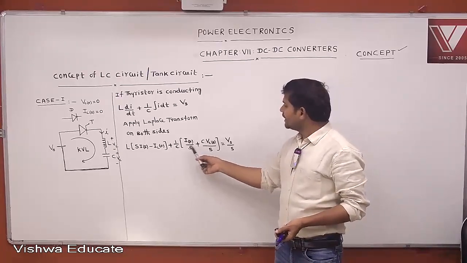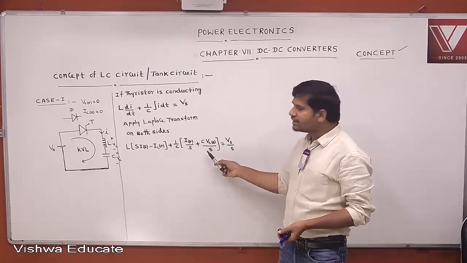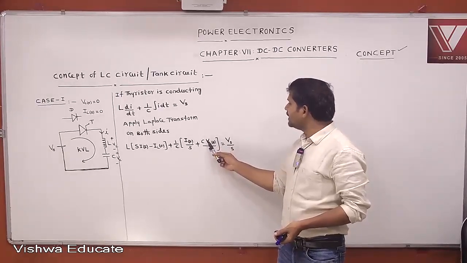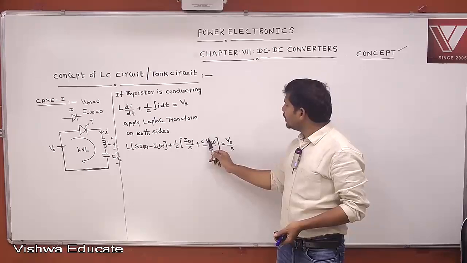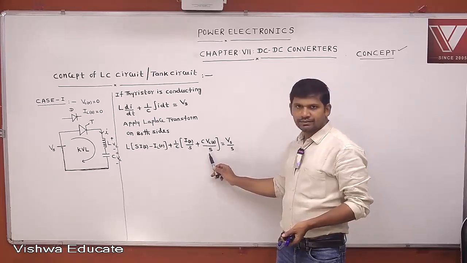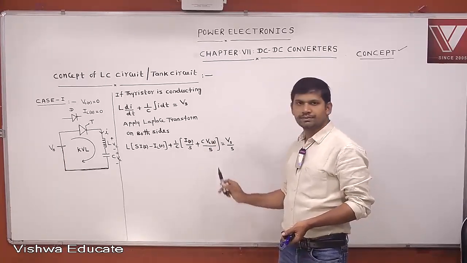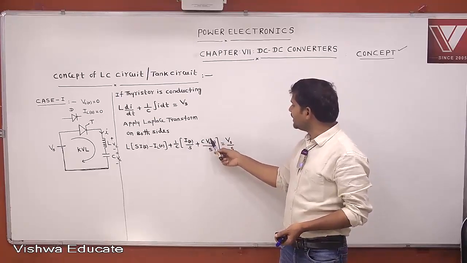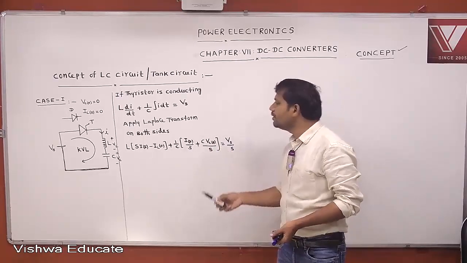In the capacitor there is initial charge, Q equal to CV, also written as Q of 0 by S. That is 1 by C into I of S by S plus C into Vc of 0 by S is equal to Vs by S.